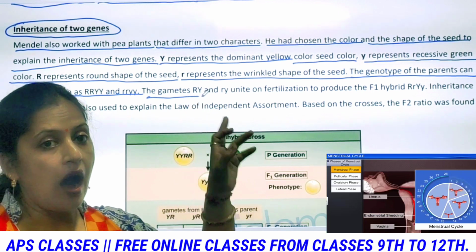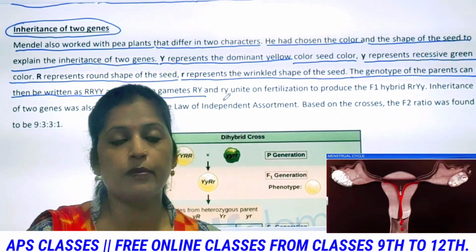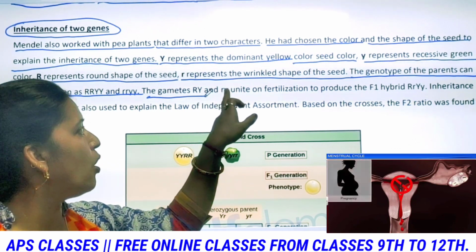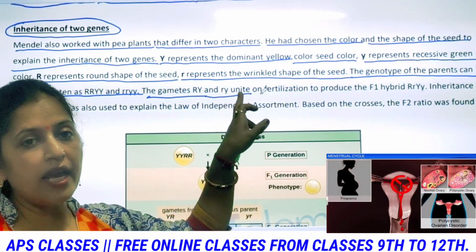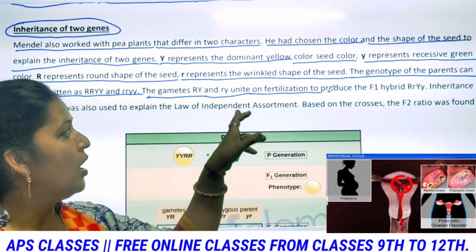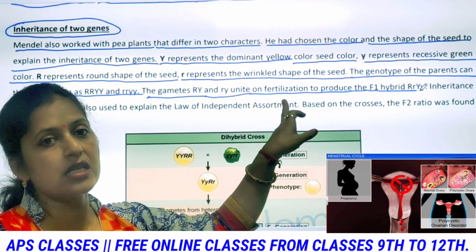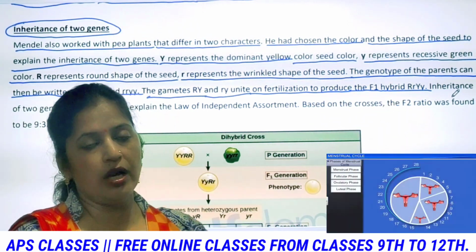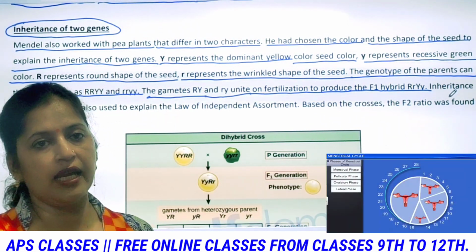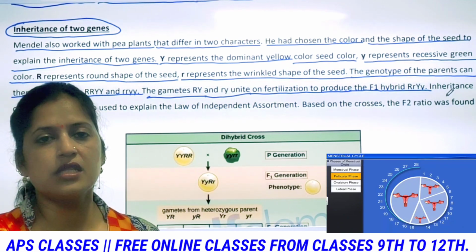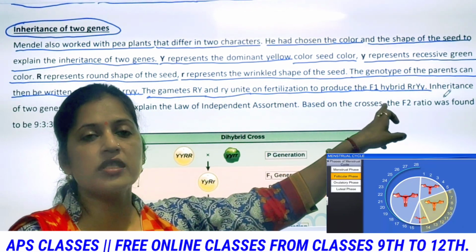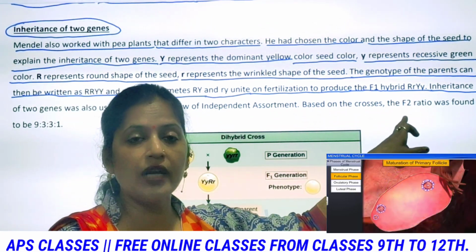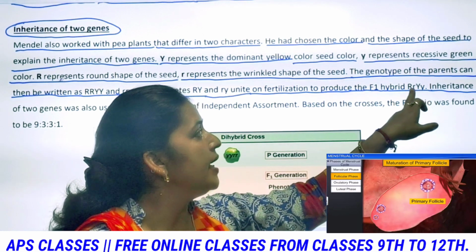The gametes formed after that are capital R, capital Y and small r, small y. They unite through the process of fertilization to produce the F1 hybrid, that is capital R, small r, capital Y, small y.